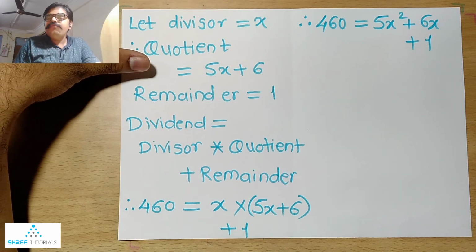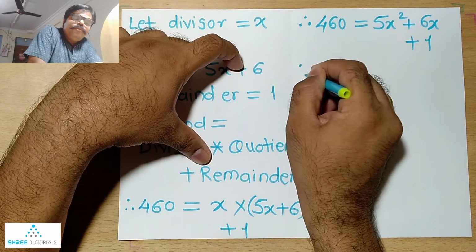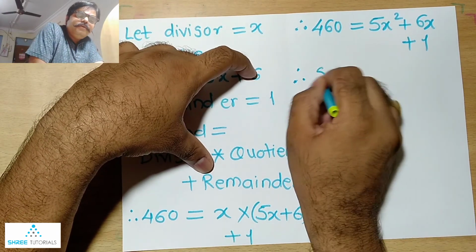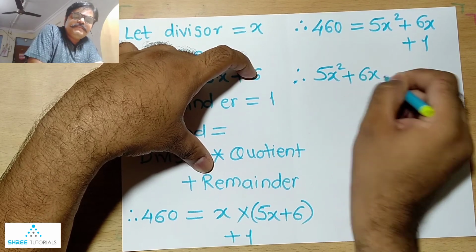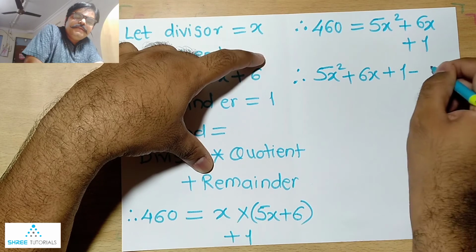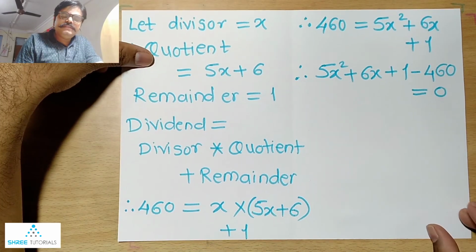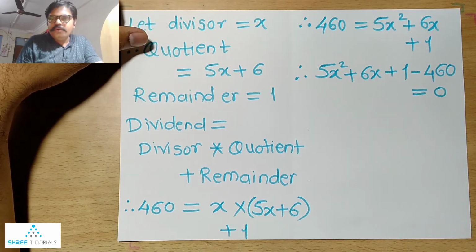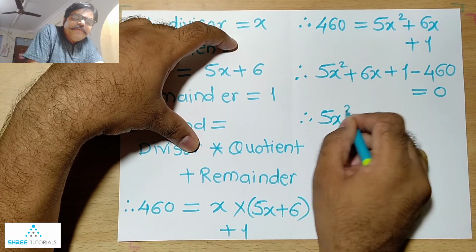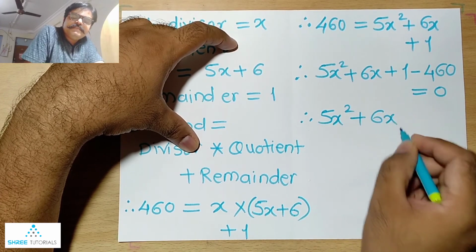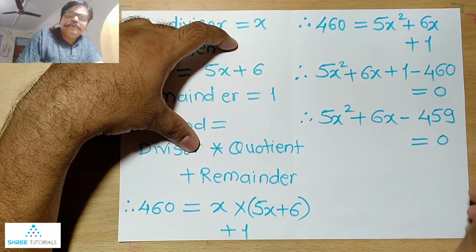Now we are going to move everything on one side of the equal to sign, and therefore things will look like 5x square plus 6x plus 1 minus 460 is equal to 0. These two we are going to combine together, and therefore 5x square plus 6x minus 459 is equal to 0.